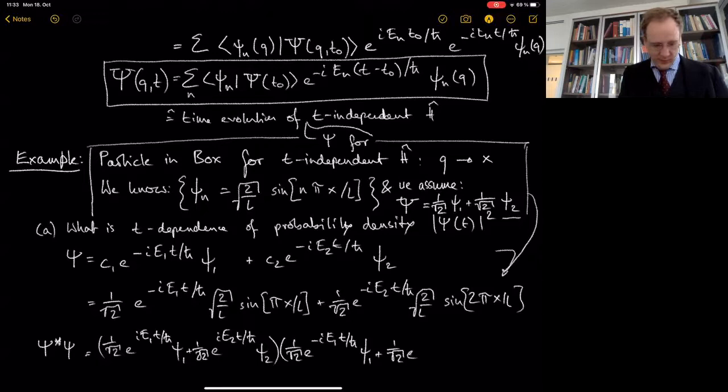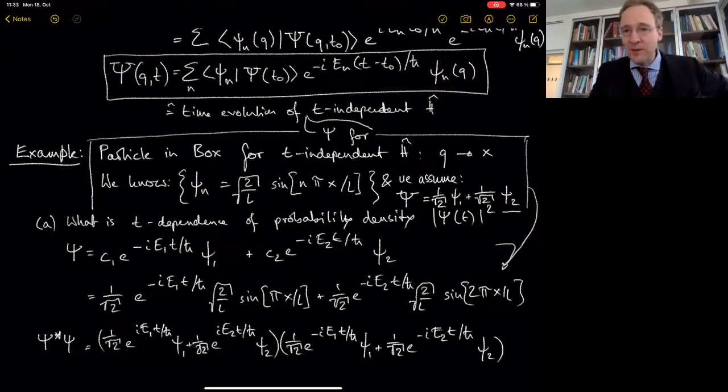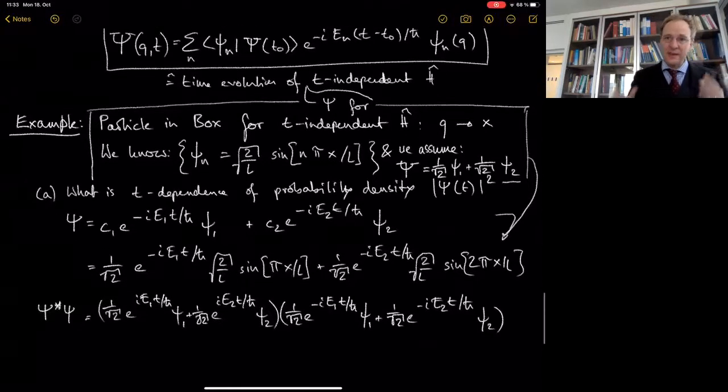So you see how easily this ends up with a lot of writing as soon as you get into actual examples, which is why we always like these bracket notations to facilitate things. But of course, at the end of the day, if at some point you want to really demonstrate an example, you have to bite the bullet and do it.